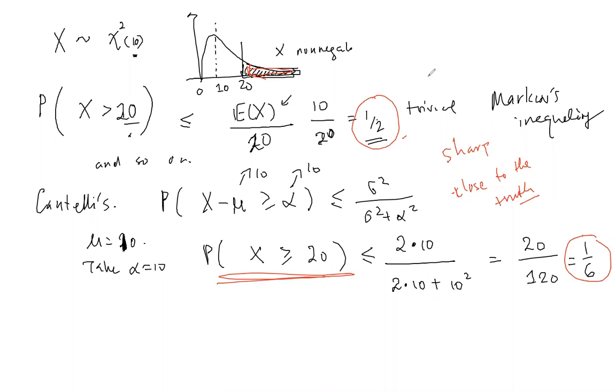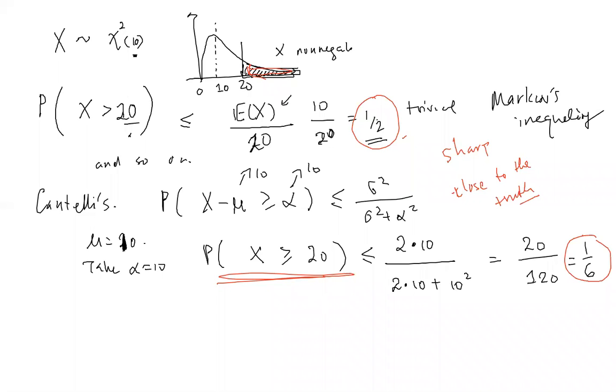Of course, it is a true statement. You can even say it's bounded by 100, but it's not very helpful because the bound is too wide. You're admitting too many possibilities.